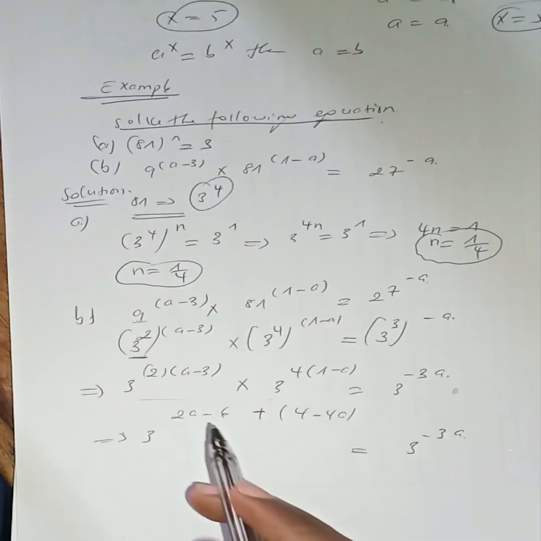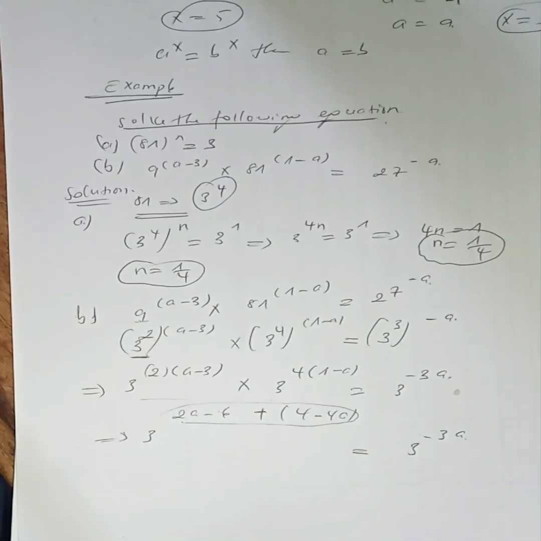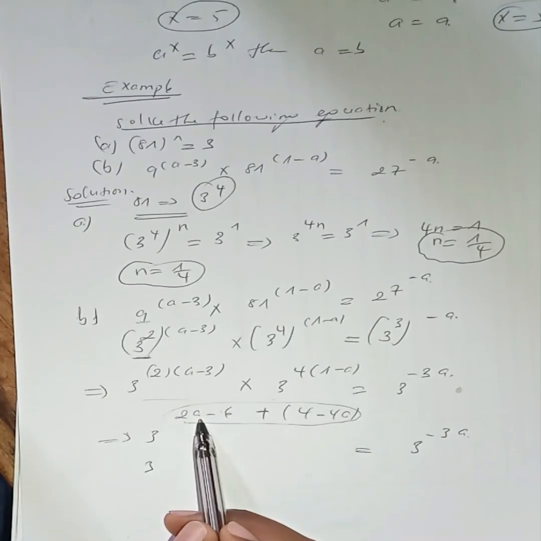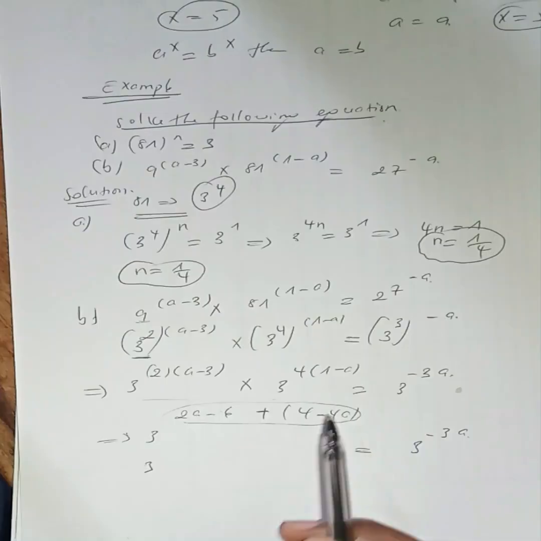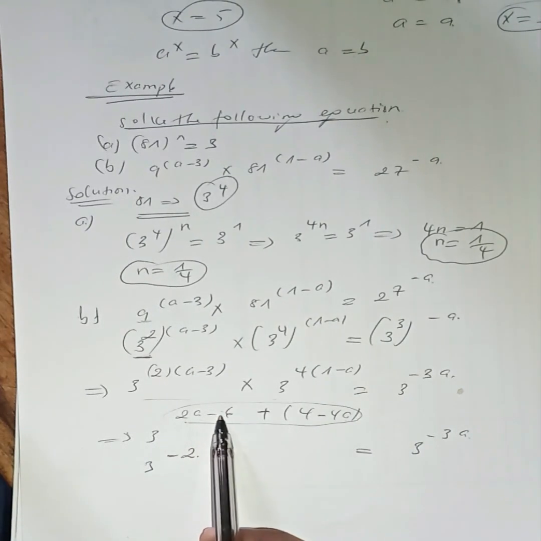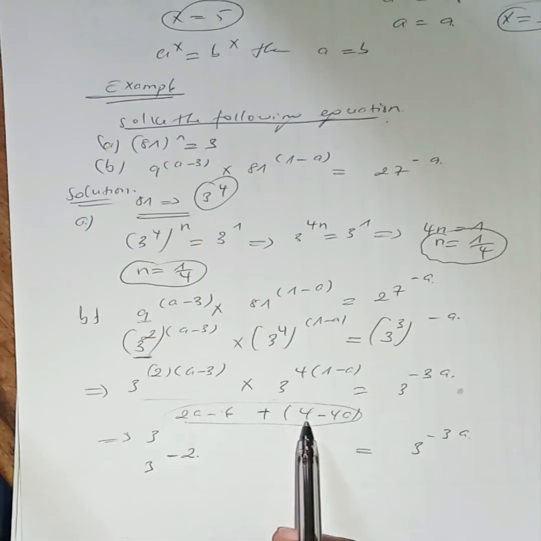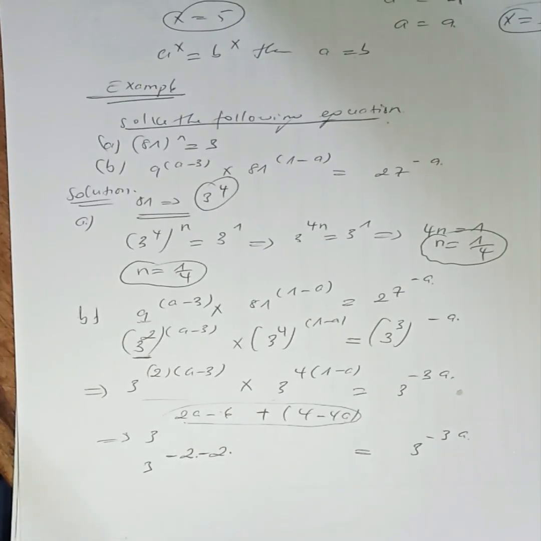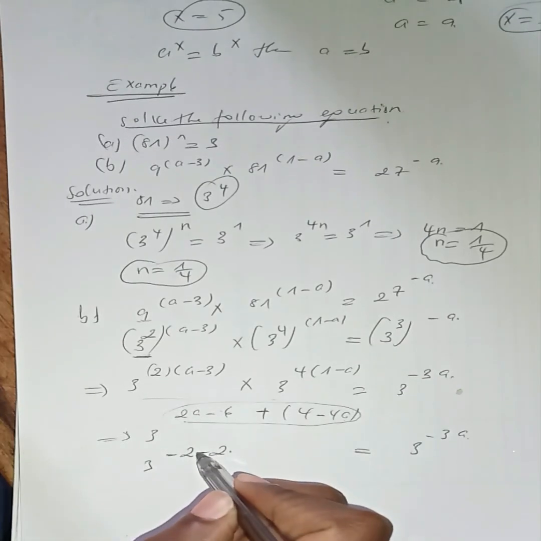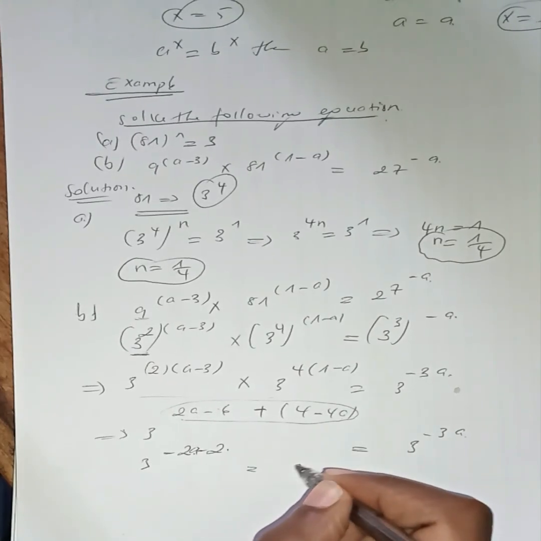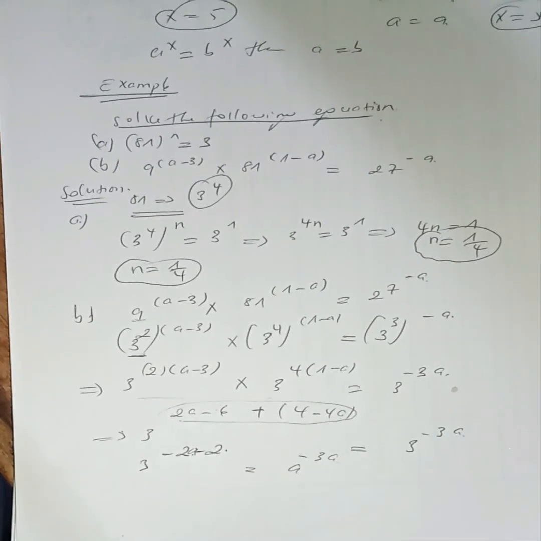Adding our indices, 2a minus 4a remains as negative 2a, then negative 6 plus 4 is equal to negative 2. So we have negative 2a minus 2, which is equal to 3 power negative 3a.